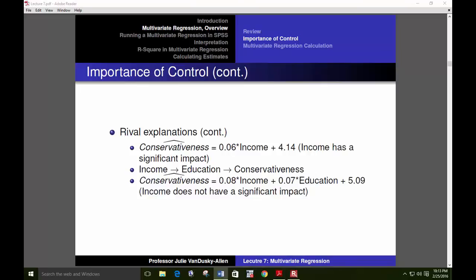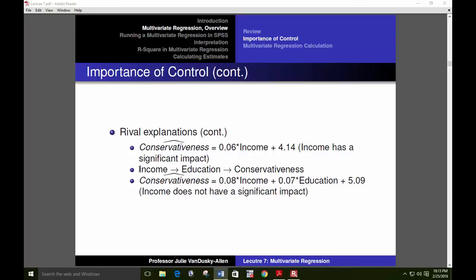So let's say education has a true causal impact on conservativeness, but we don't know that. We just think income does. So we run a bivariate regression model with income as the only independent variable, and it turns out that income has a positive effect on conservativeness. But the only reason why income has a statistical impact is because education and income are correlated. In this case, income is acting like a proxy variable for education in the model.